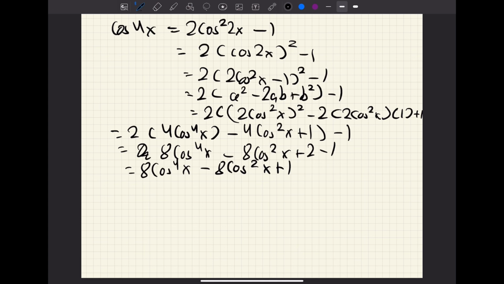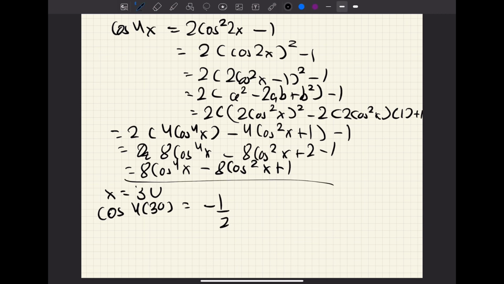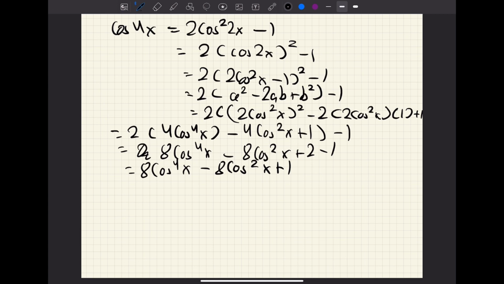Yeah, correct. I'm just going to prove that what I did over here was correct. Say take x is 30, so cos 4 into 30. Put down your calculators, it should come as minus 1 by 2. Then I put this entire thing in my calculator, replacing x with 30, and I got the right value. So this is how you would expand other values of x.